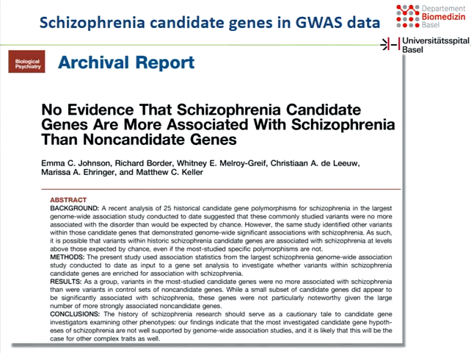They looked to what extent these historical candidate genes in schizophrenia are associated in the new large GWAS data sets. And they did not find evidence that these candidate genes are more associated than non-candidate genes. So basically, among these genes that were picked based on biological hypotheses, obviously they are not more strongly associated than any other set of randomly chosen genes that you take from the genome.